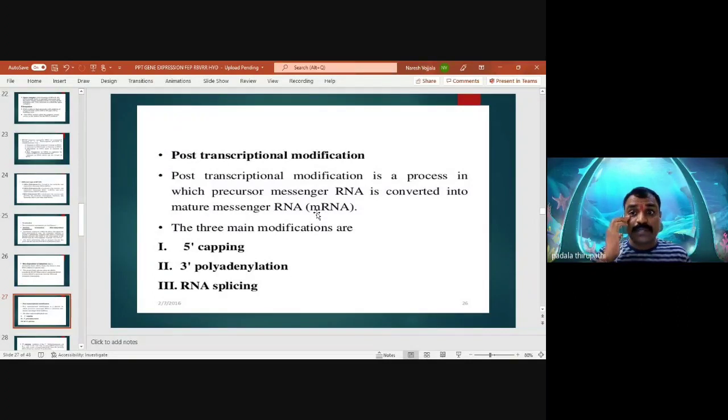It is formed after the transcription process. This post-transcriptional modification has 3 steps: one is 5' capping, the second is 3' polyadenylation, and the third is RNA splicing.